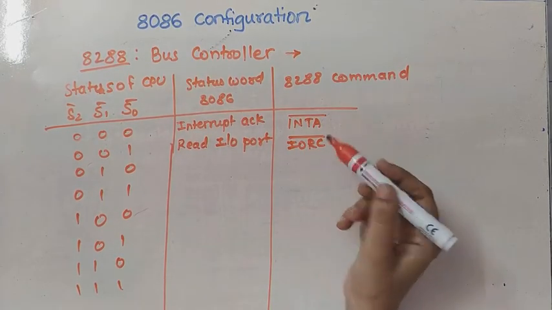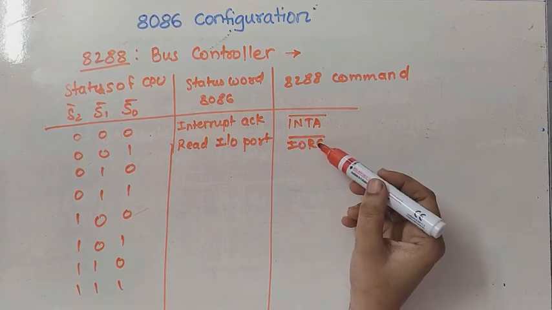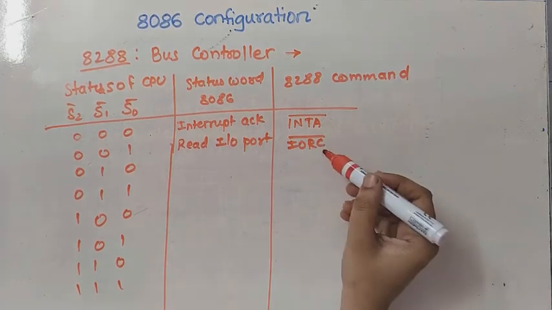So with the help of this IORC bar command, the input output read command is generated.